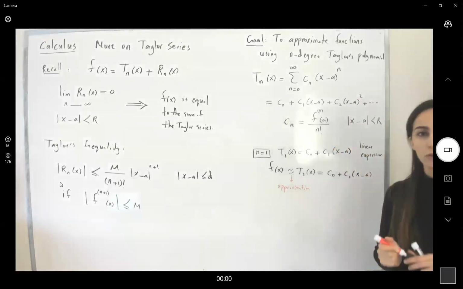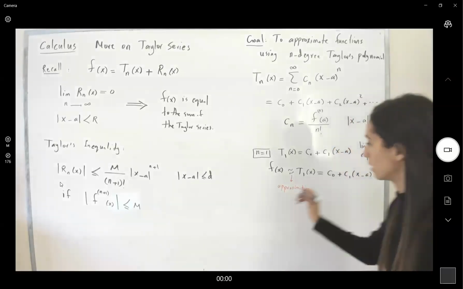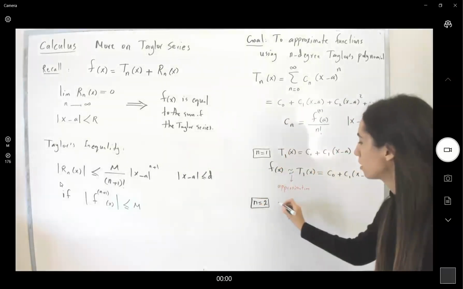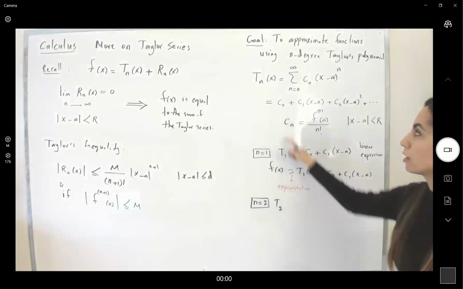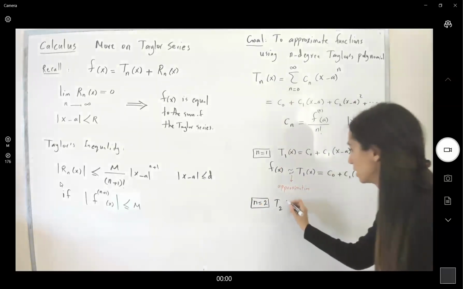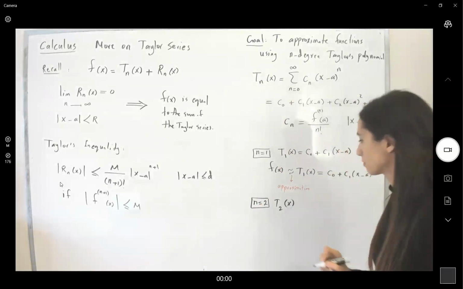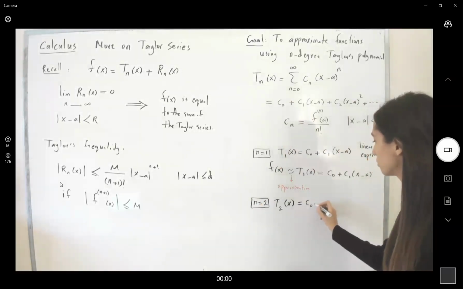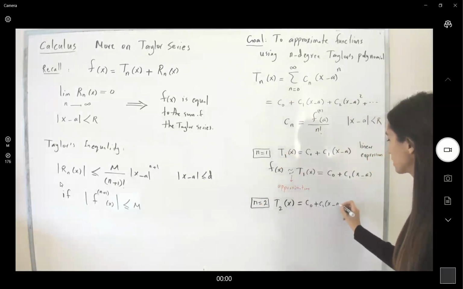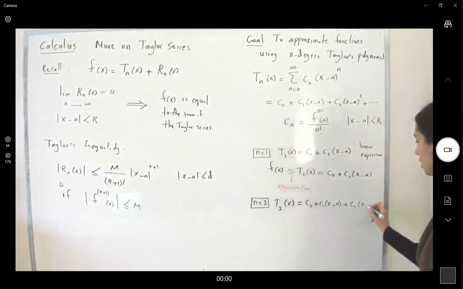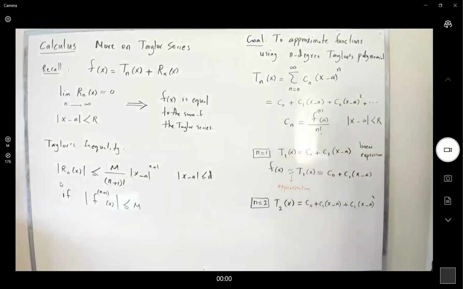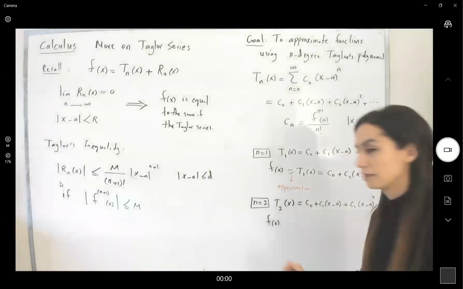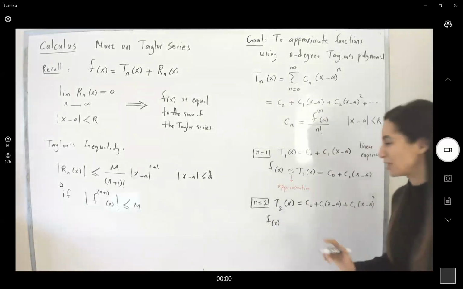If n is equal to 2, let's see what we have. We had T sub 1, now we're working with T sub 2, the second degree Taylor polynomial: C sub 0 plus C sub 1 times x minus a plus C sub 2 times x minus a squared. So our function has a better approximation.